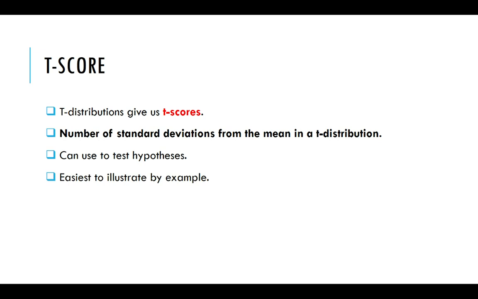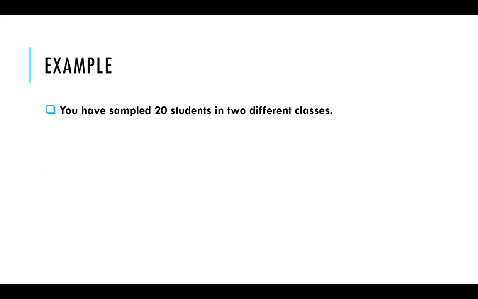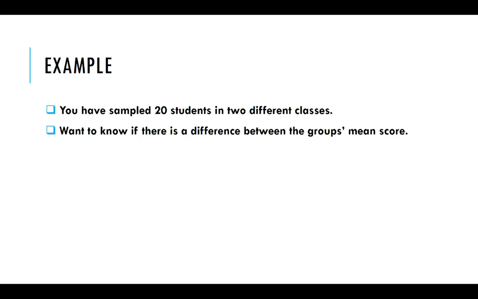It's much easier to illustrate this by example, so let's go ahead and do this as well. And that way we'll better understand a t-score. So let's say that we've sampled 20 students in 2 different classes. We agree that is not a particularly big sample, right? And we want to know if there's a difference between the group's mean scores.